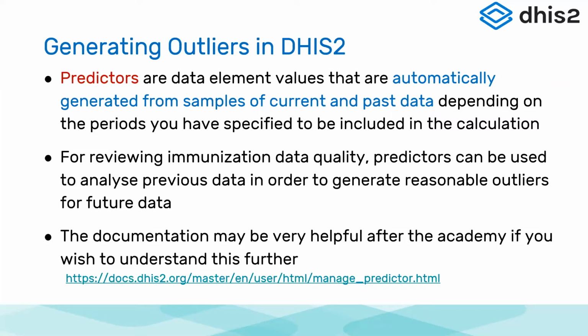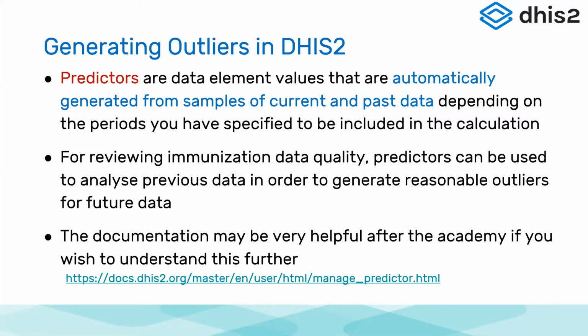So predictors are data element values that are automatically generated from samples of current and past data, depending on the period you have specified to be included in the calculation. For reviewing immunization data quality, predictors can be used to analyze previous data in order to generate reasonable outliers for future data. Managing predictors or generating values with predictors is a bit of a lengthy topic, so I have given the link.